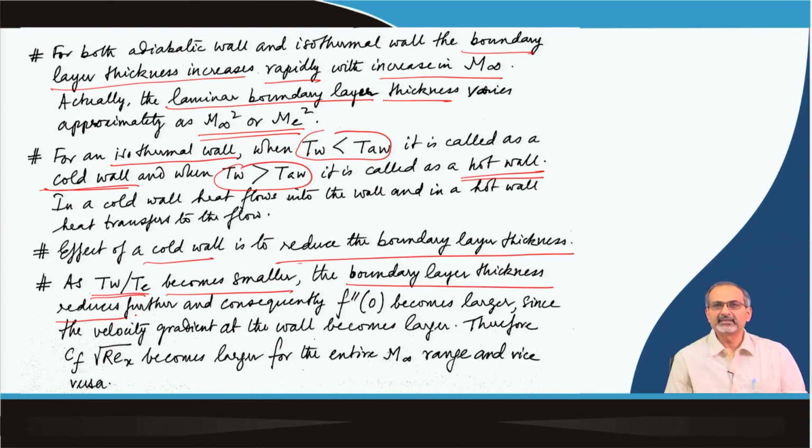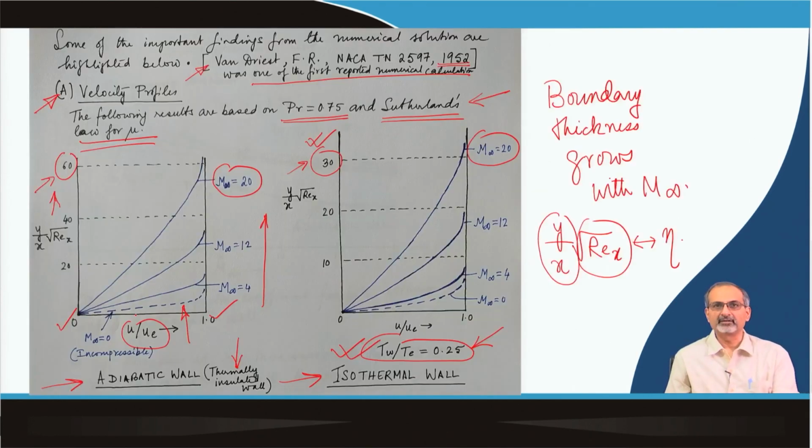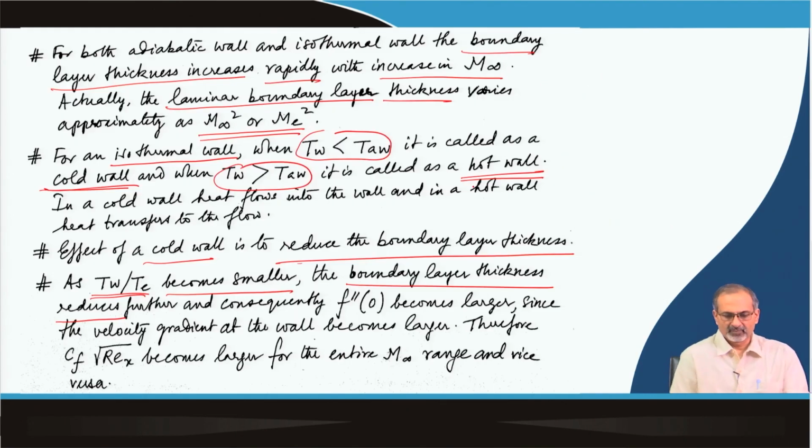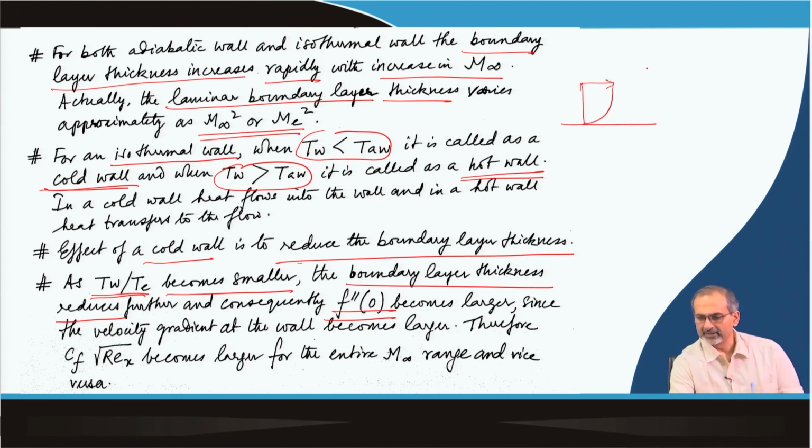We already got an indication in the previous slide's plot over here. And if the boundary layer thickness reduces, consequently f double dash becomes larger, since the velocity gradient at the wall becomes larger. It is like saying that you have two situations, one here, another over here, which are caused purely because of difference in the wall temperature ratio.